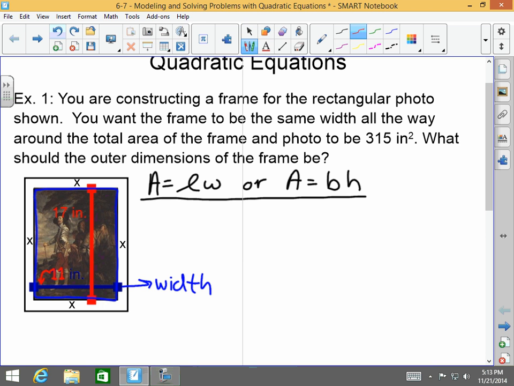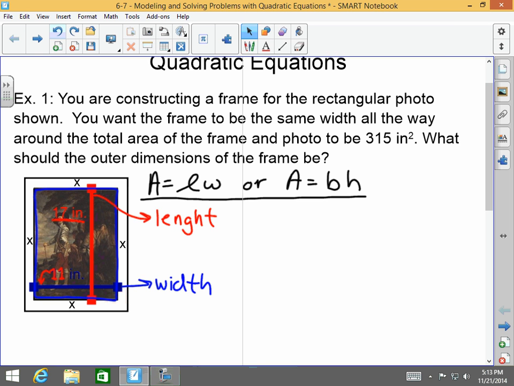And the length, which is in red here, the length is 17 inches. That's the length of the actual painting itself. But if you've noticed, I want the frame to be the same width all the way around this painting. And I want the total area of both the frame and the photo to be 315 square inches.